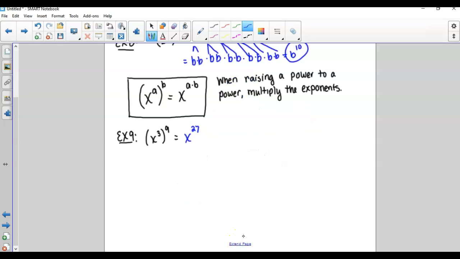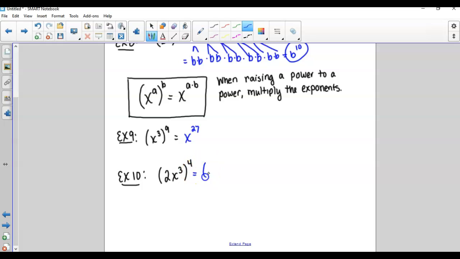All right, we've got one more thing that we need to look at, because we need to look at what happens whenever you have coefficients in this particular case. So let's do example 10. For example 10, I'm going to take 2x to the third, and I'm going to raise it to the fourth power. Think about this, and we'll think about it one time the long way, and then we'll just look at what to do after that.